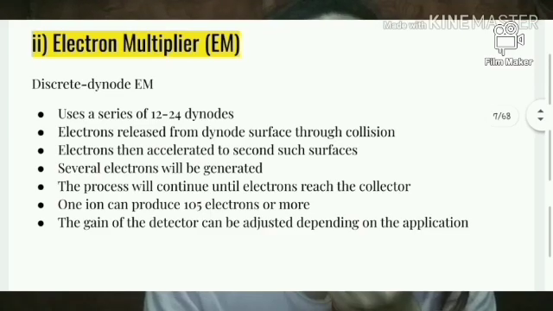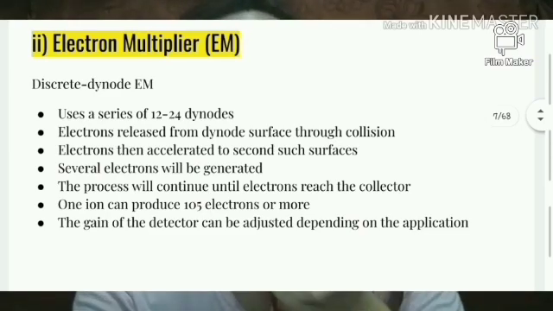A collision releases several electrons from the dynode surface. These electrons are then accelerated to a second such surface, which in turn generates several electrons for each electron that bombards it. This process continues until a cascade of electrons, or an amplified current, arrives at the collector.